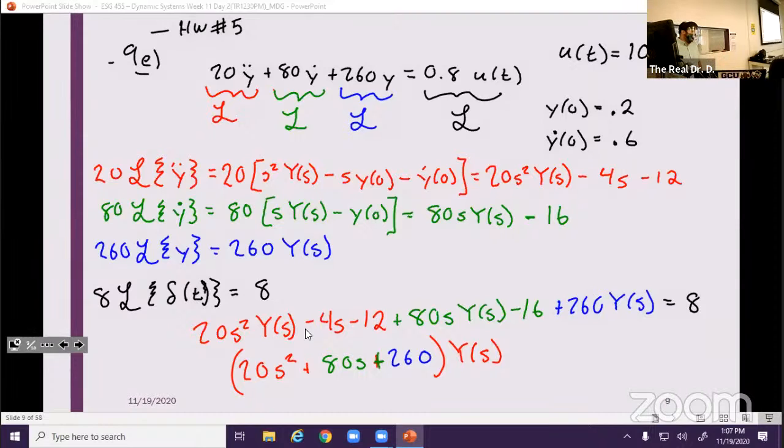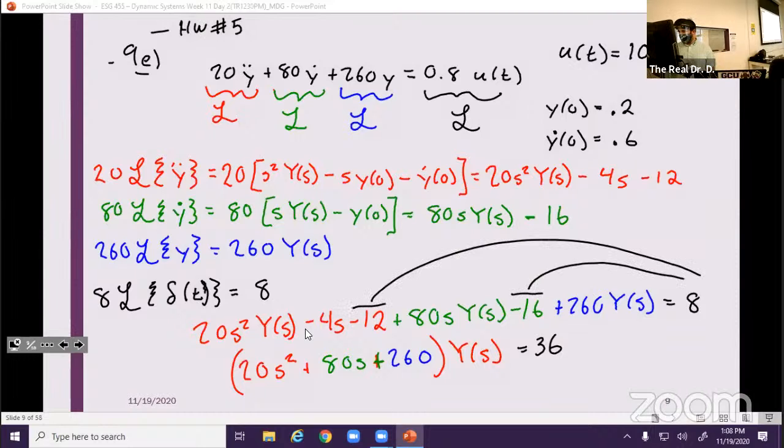There's y of s, okay, that's cool, is equal to 8. Well, we're going to have 8 plus 12 plus 16, so that's 36.